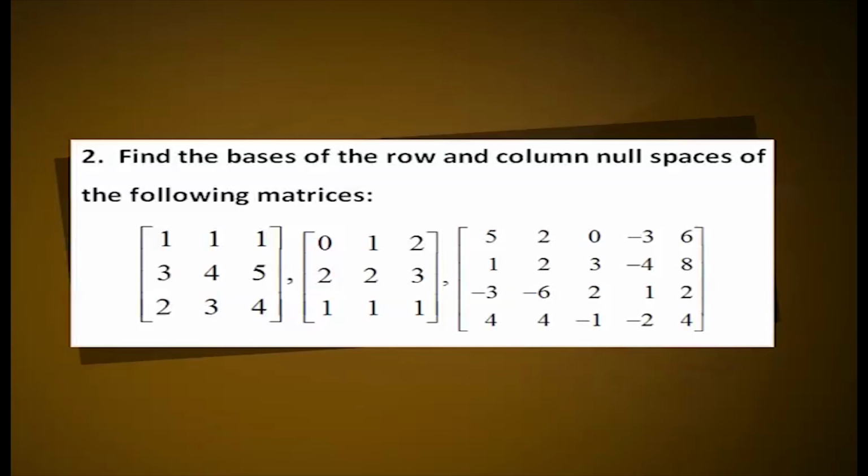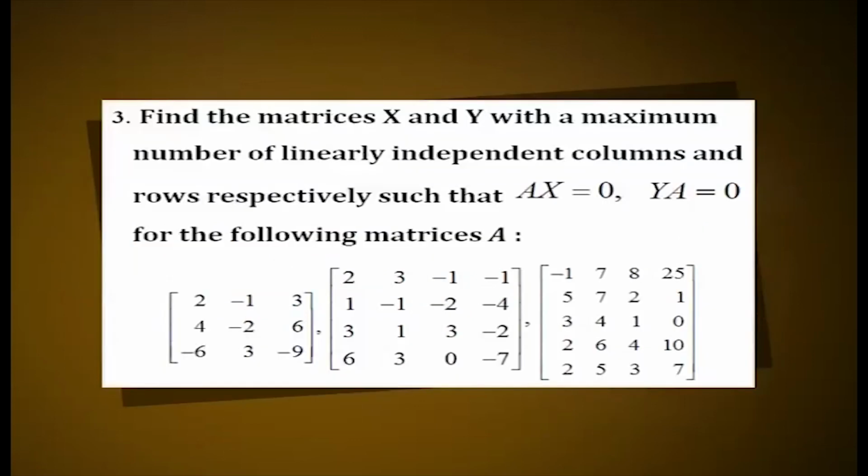Matrix 5 2 0, minus 3 6, 1 2 3, minus 4 8, minus 3 minus 6, 2 1 2, 4 4, minus 1 minus 2 4. 3. Find the matrices X and Y with a maximum number of linearly independent columns and rows respectively such that A into X equal to 0, Y into A equal to 0 for the following matrices A. Matrix 2 minus 1 3, 4 minus 2 6, minus 6 3 minus 9.